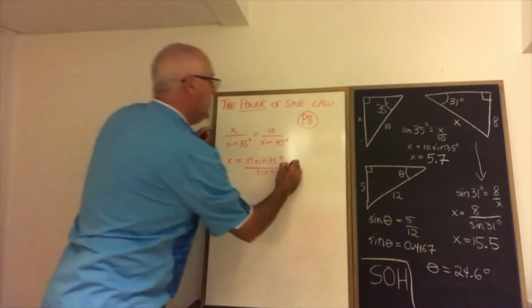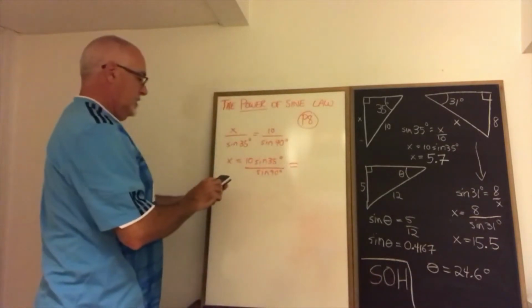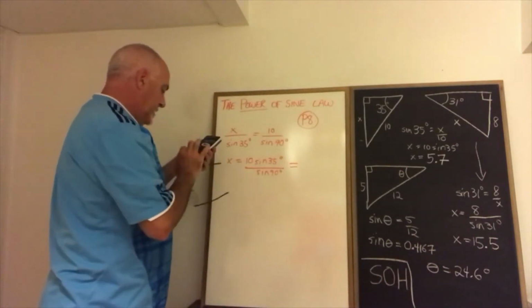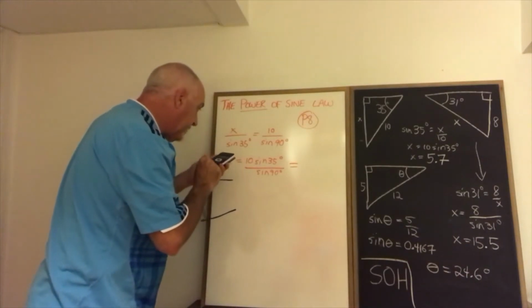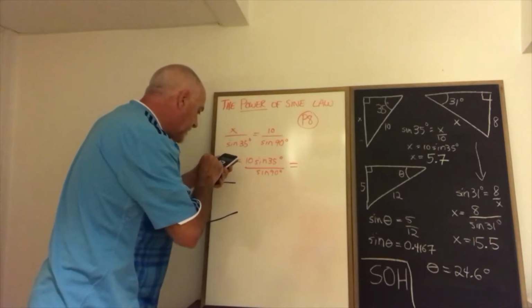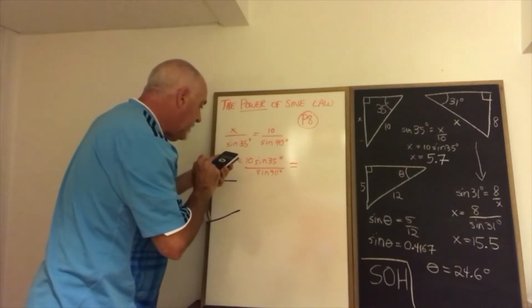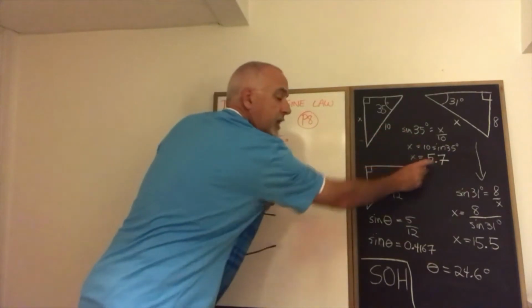I should be able to solve for x by simplifying this. 10 times the sine of 35 equals, and then divide the answer by the sine of 90, and my answer is 5.7. Well, I knew that would happen.